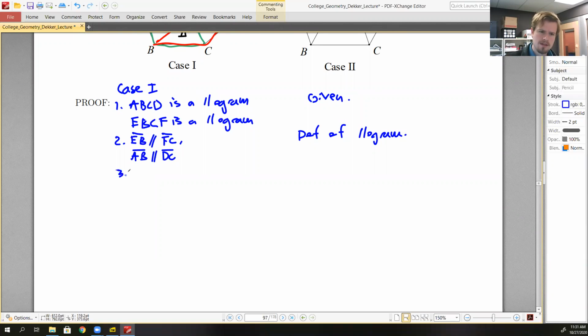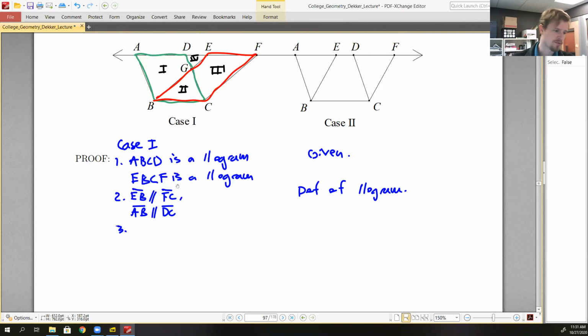So 3. All right, from there, we have some angle congruences. And we get them because EB is parallel to FC and AB is parallel to DC. So if we look at AB is parallel to DC and EB is parallel to FC, then we can get the angle created right here.